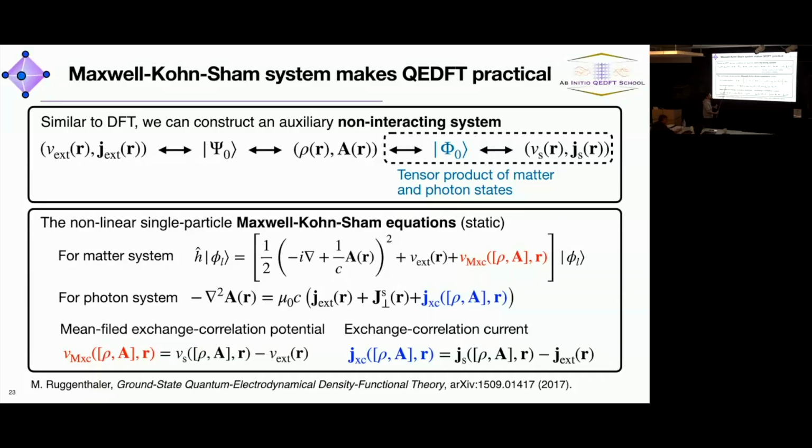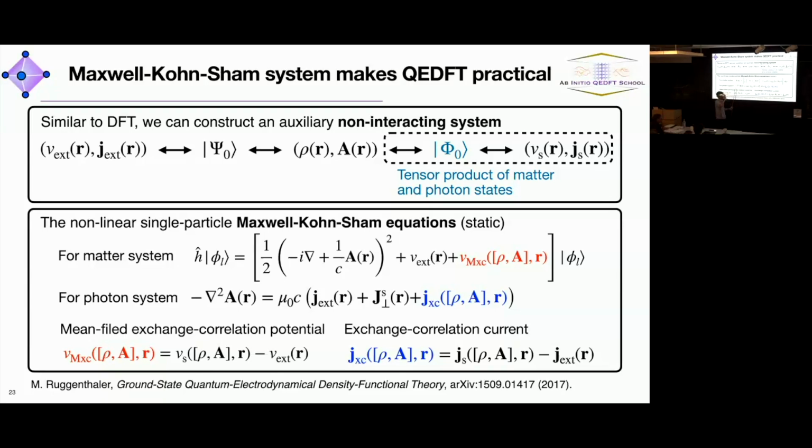In order to solve for this A vector potential, the other non-interacting system, for the photon system, is that we solve the Maxwell equation, because now we are looking at the time-independent case, so there's nothing time dependent here. To solve this vector potential, you can see we have an external current, and we also have the current from the matter system.